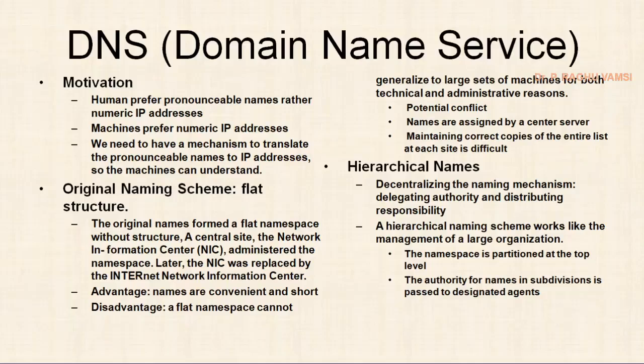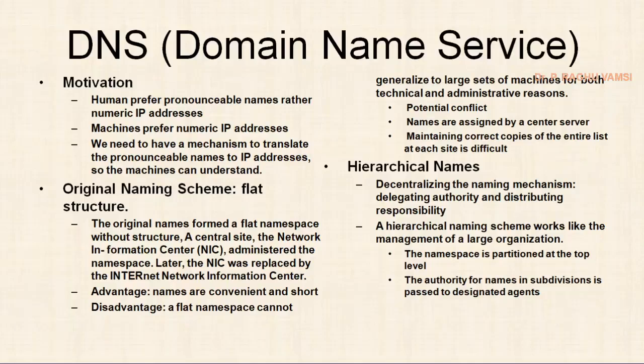Original naming scheme, flat structure. The original names formed a flat namespace without structure. A centralized site, a network information center, administered the namespace. Later, NIC was replaced by the Internetwork Information Center. Whenever the flat space is there, the advantage is names are convenient and short.